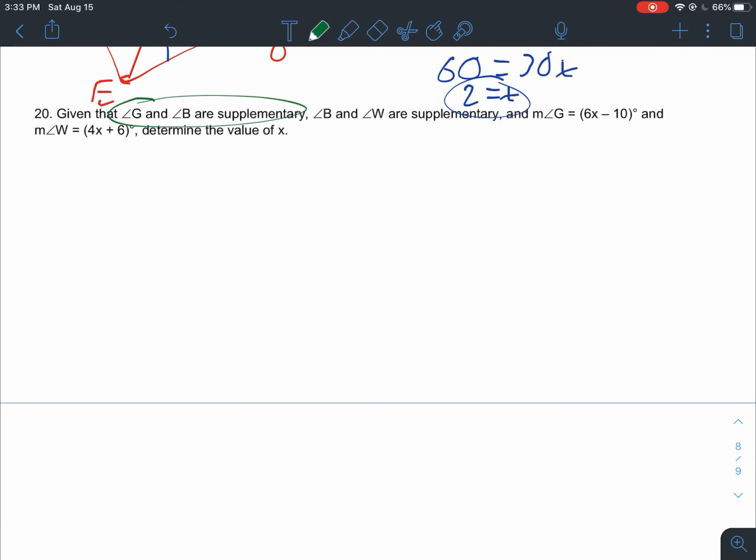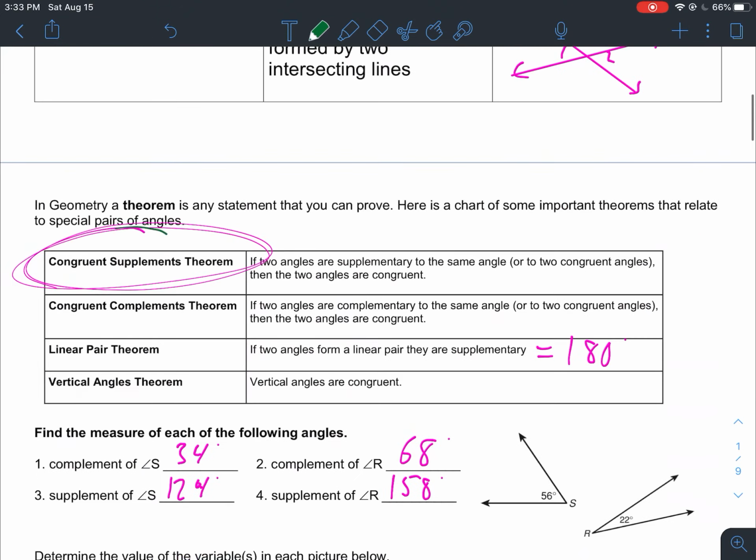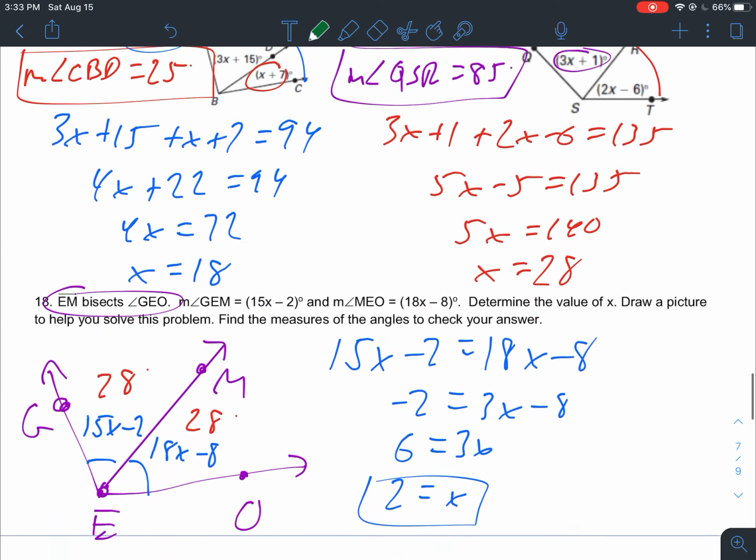Last problem, number 20. G and B are supplementary, B and W are supplementary. Okay, this goes back to that same theorem. Let's scroll back up and take a look at it again. The congruent supplements theorem. The two angles that are supplementary to the same angle are congruent.